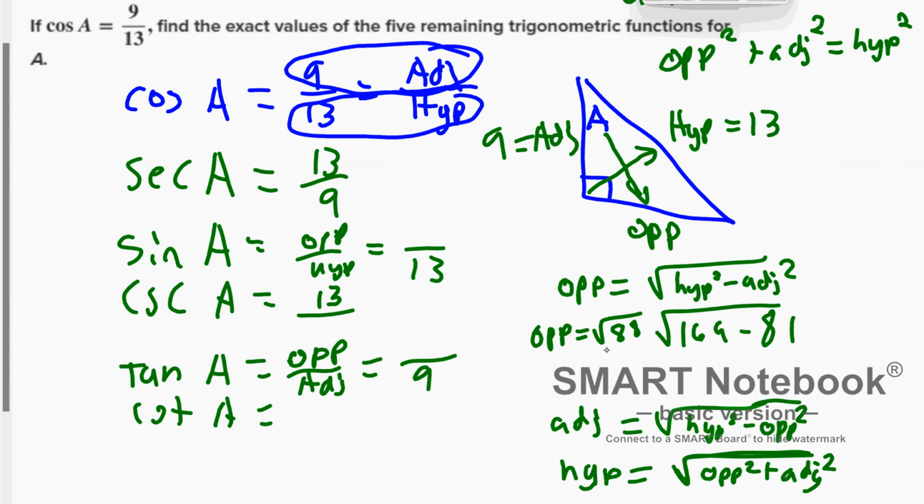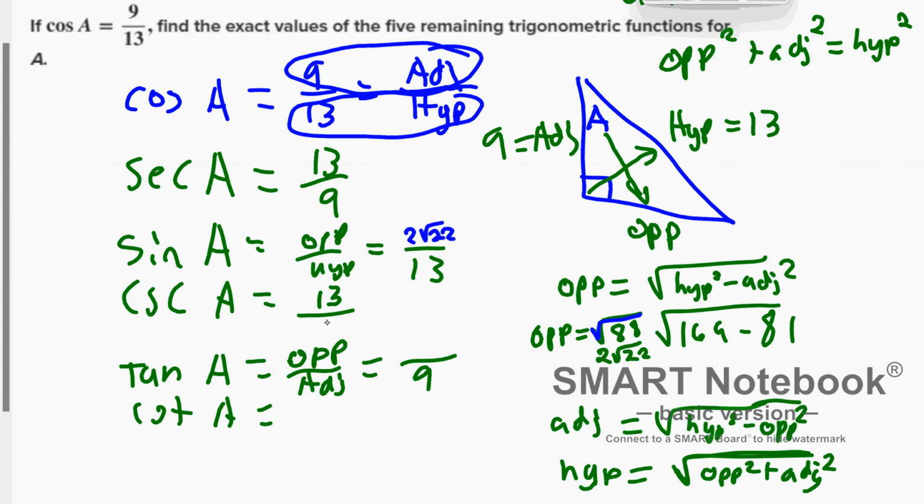I'm left with 22. 22 doesn't reduce, so I get 2 square root 22. Sometimes it's better to leave it as a square root, like square root 88, before you reduce it. So whenever it's on top, I want to leave it in a reduced form. So our opposite is 2 root 22, so I can leave it there.